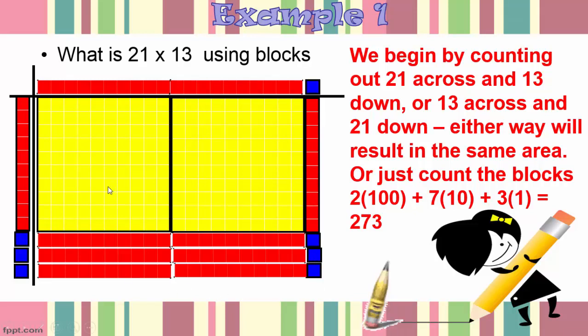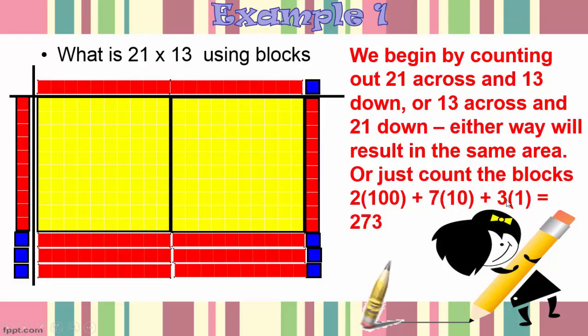Well, each of these flats is worth 100, and we have 2 of them. So that's 2 times 100. Each of these rods is worth 10, and it turns out we have 7 of them. So it's 7 times 10, and then each unit is worth 1.